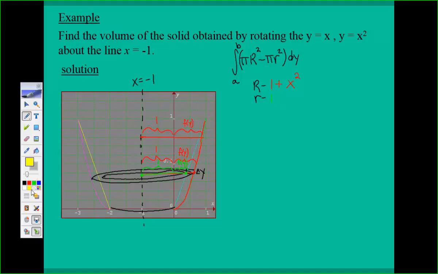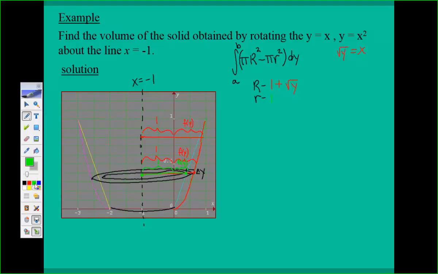Let me correct that now. Here, this is not x squared. We're in functions of y. We don't want that in terms of x. So we would have to solve for x here. So we'd have the square root of y.